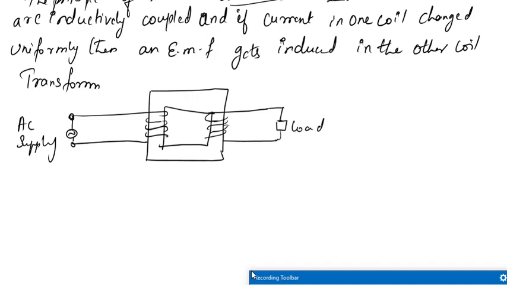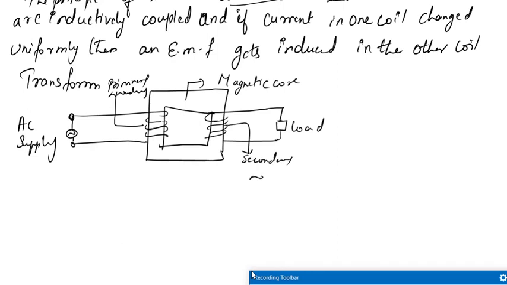So one side is the AC supply, one side is the load, and this is the magnetic core. The winding where the AC current is connected is called the primary winding, and the winding where the load is connected is called the secondary winding.